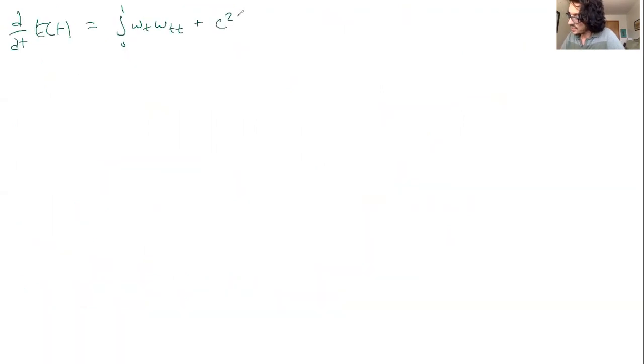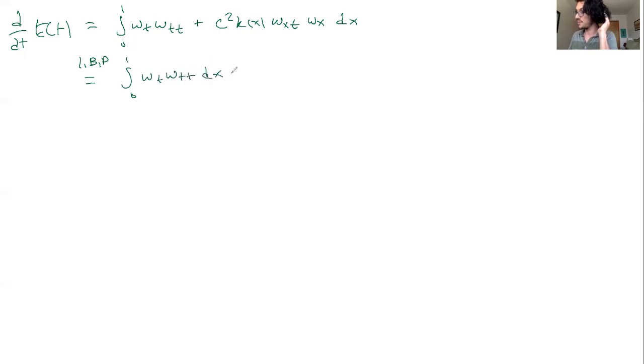So we just have c squared k of x, W_xt, W_x, integrated with respect to x. We can integrate by parts.